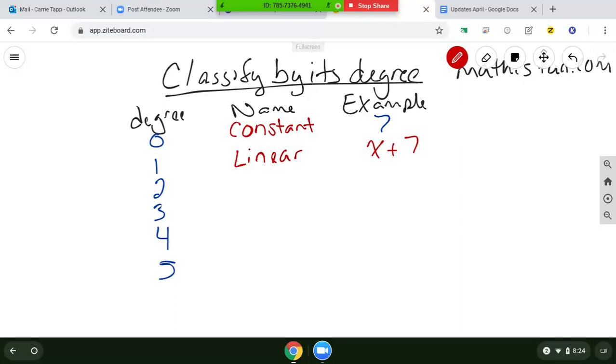Okay, and then if you had 2, it would be a quadratic, which looks like x squared minus x plus 2.